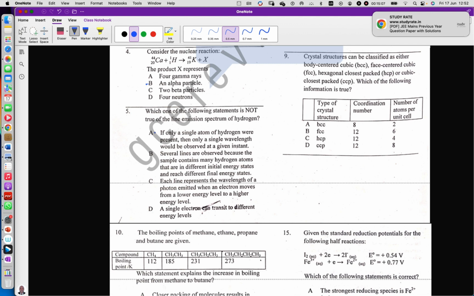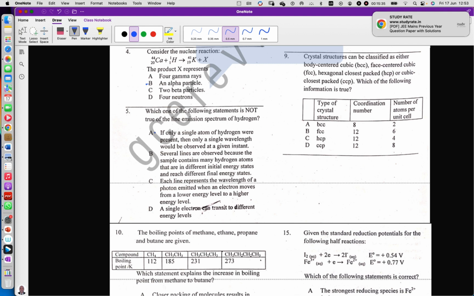If only a single atom of hydrogen were present, then only a single wavelength would be observed at a given instant. B. Several lines are observed because the sample contains many hydrogen atoms that are in different initial energy states and reach different final energy states.